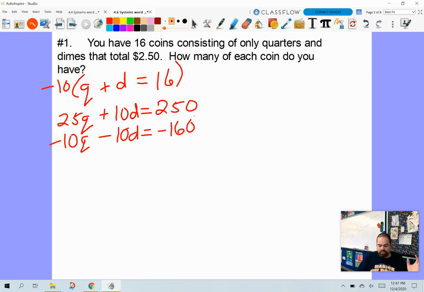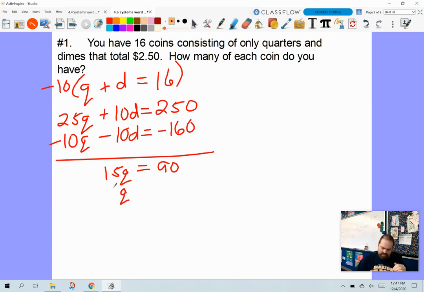Okay, adding these up, 25Q and -10Q is going to give me 15Q. My dimes have canceled out, and I've got a positive 90 left for my constant here. Divide by 15, and that's going to give me 6.